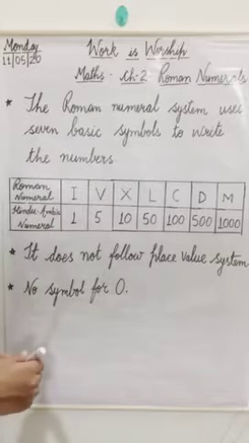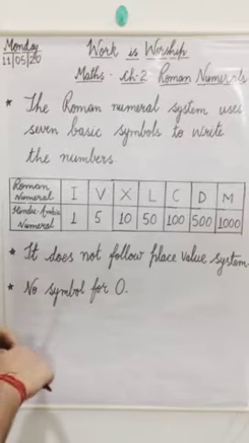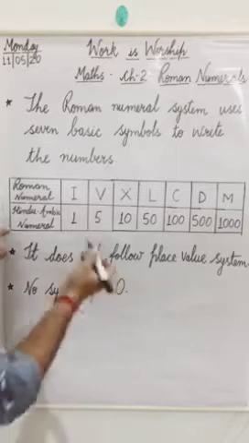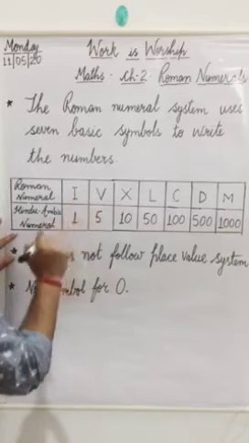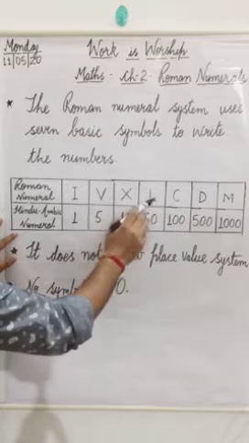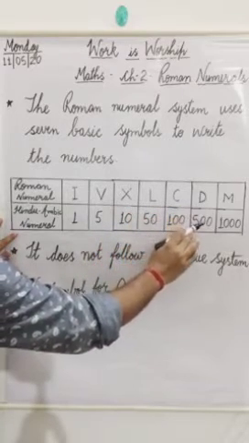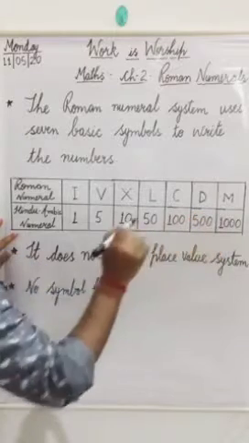But in Roman numerals, we use some symbols for making the numbers, such as I is denoted to 1, V is denoted to 5, X is denoted to 10, L is 50, C is 100, D is 500 and M is denoted to 1000.